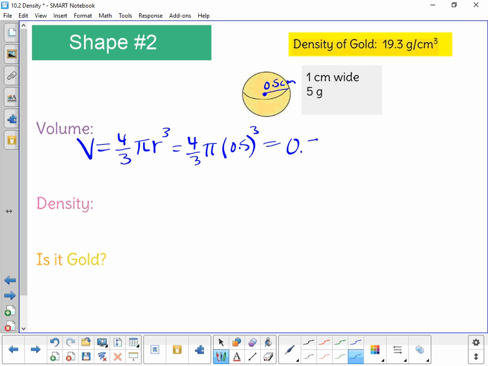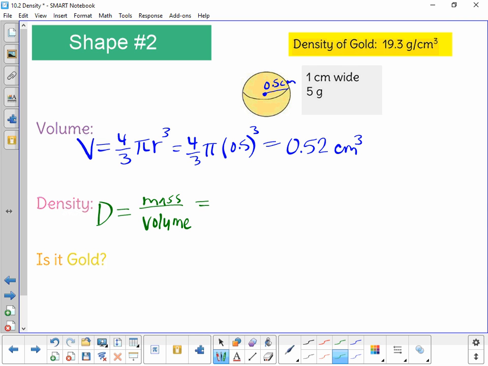Which is 0.52 centimeters cubed. This is a very, very small little ball, almost like a little bead. Okay, so if we want to calculate the density of this little sphere of gold, density is the mass over the volume.